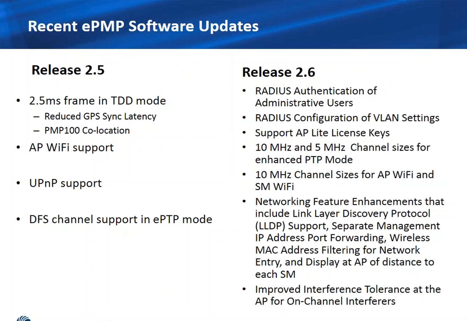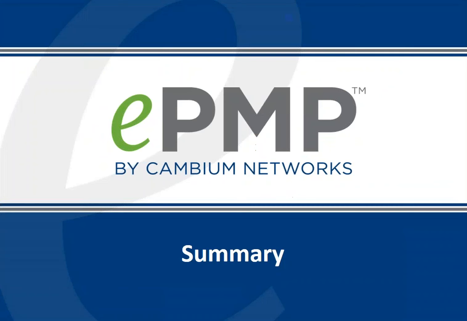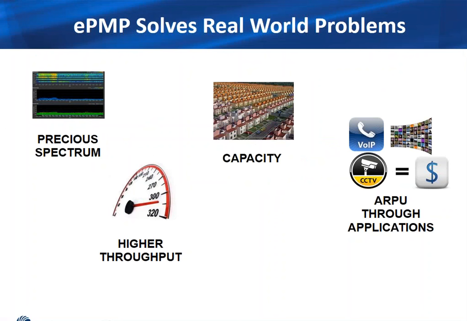And so this is something that you'll see as we update the software. We always try to work in some enhancement that makes the solution even more robust and reliable. Okay, so a lot of things new on the ePMP. If you haven't tried any of these new software releases or any of these new products, we encourage you to do so. We think you'll be very pleased.